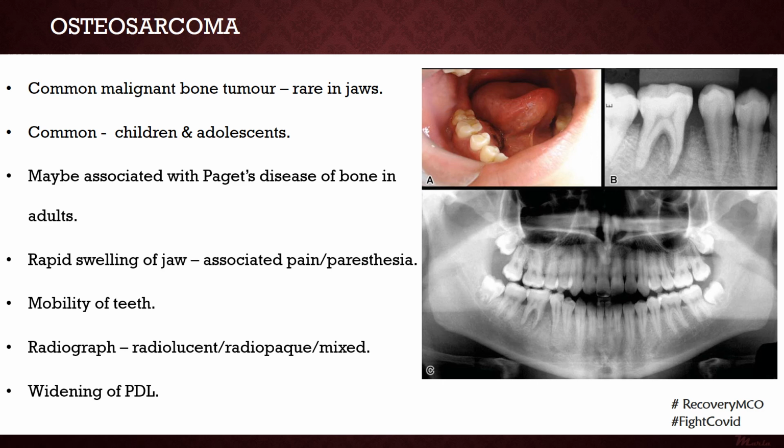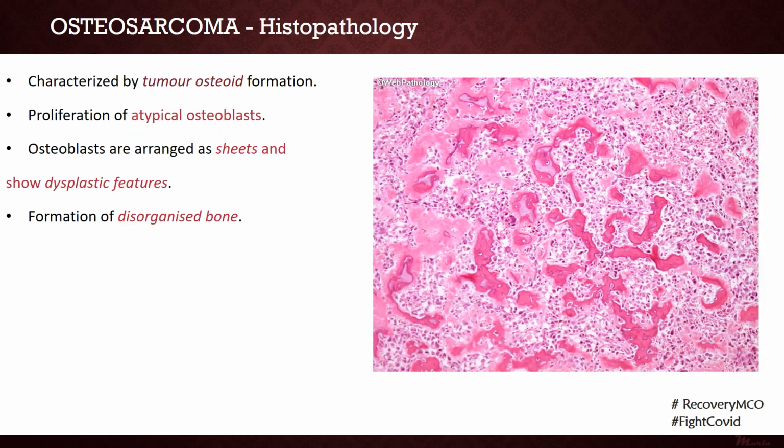Radiographs may reveal radiolucent to radiopaque or mixed lesions. Cases of osteosarcoma generally show widening of the periodontal ligament space. When a biopsy is performed, it will show few characteristic features.